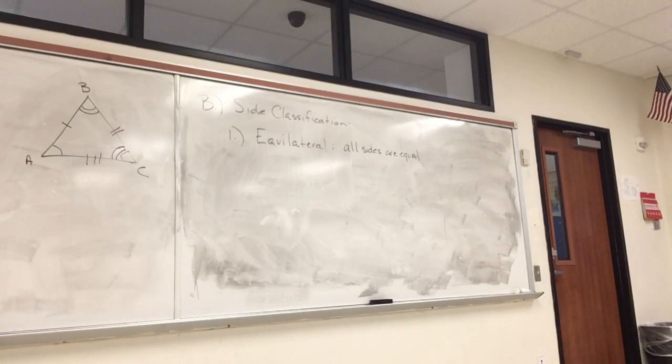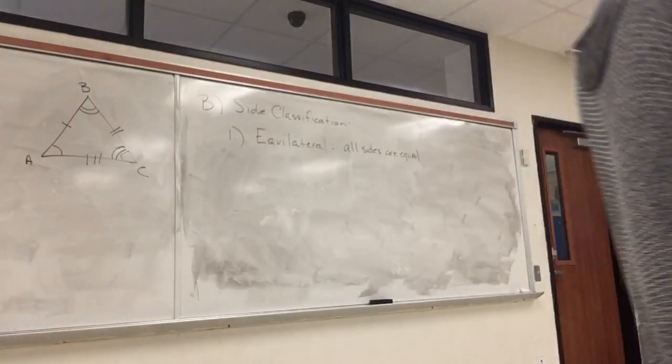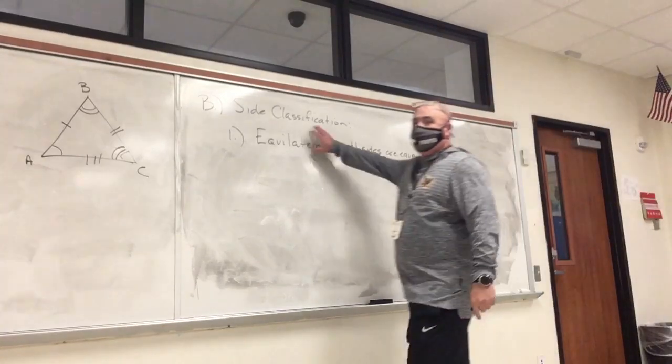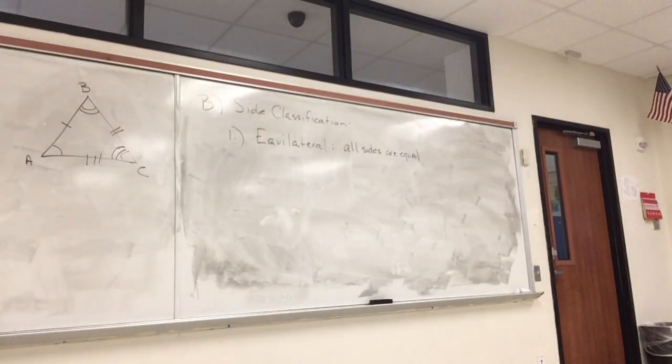Well, if all angles are 60 degrees, guess what? Equiangular is acute is equilateral. So if you get a triangle that has a 60-degree angle on all three angles, guess what it is? By its sides, it's equilateral. By its angles, it's equiangular. And also acute. Okay? There we go, moving on.